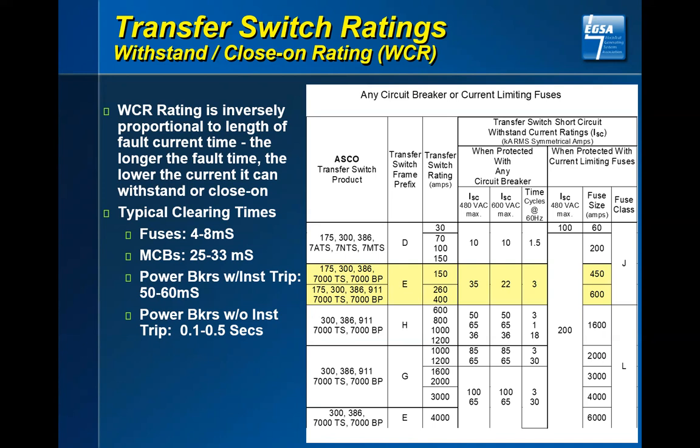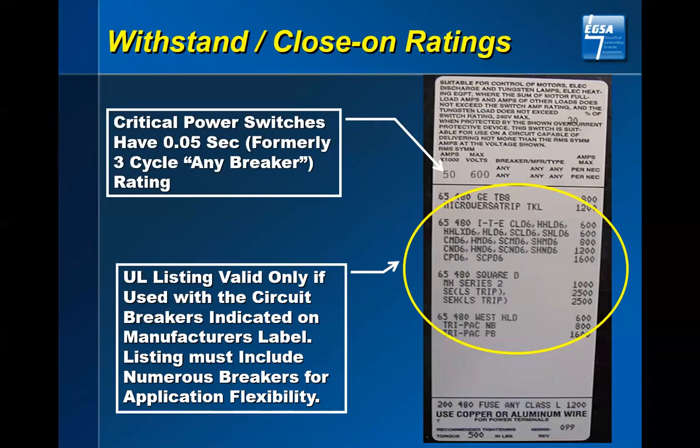Those are points a little bit maybe over your head, but that's how you get oversized switches when you're looking at an application and say, why did they put this large of a switch in to feed this load? It may be because of these fault conditions. The specific breakers, as I stated before, many of the manufacturers will put a label on there.